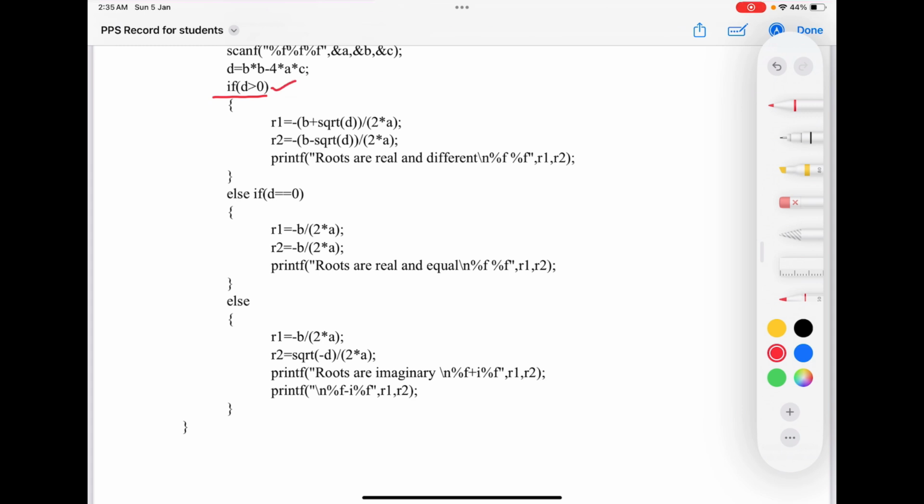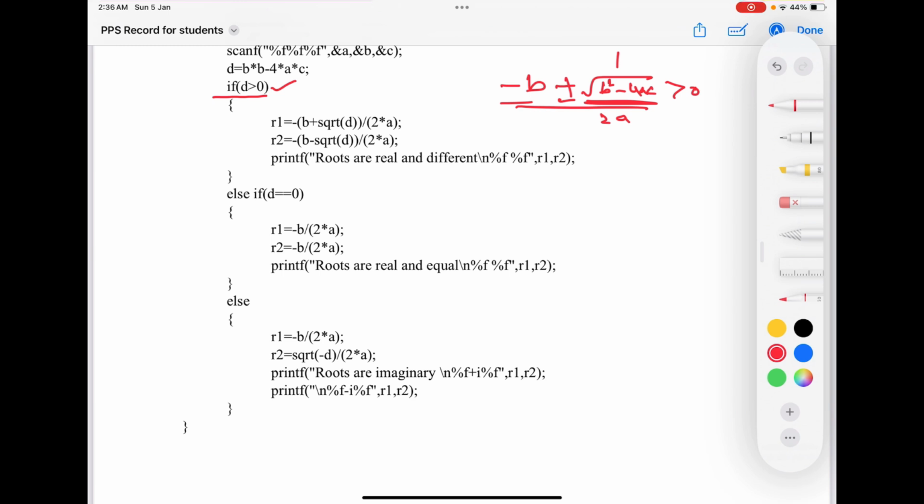Now what will be the equation? Minus b plus or minus under root b square minus 4ac, by 2a. If this value is greater than 0, let's say it is 1 or any positive number, then minus b plus 1 by 2a will give you one root, and minus b minus the value by 2a will be the other root.